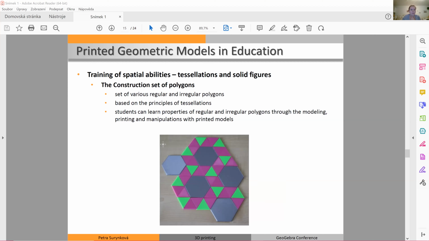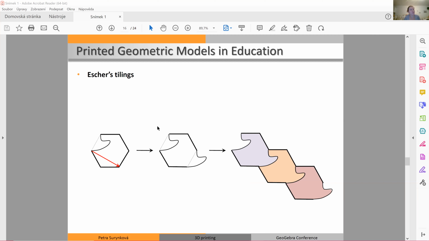The project consisted of two parts. I would call the first a construction set of polygons for tessellations, for tilings. And the second was those wireframe models. Actually, tessellation, tilings in the plane, is a very nice geometric topic. It's based on symmetries or transformations.